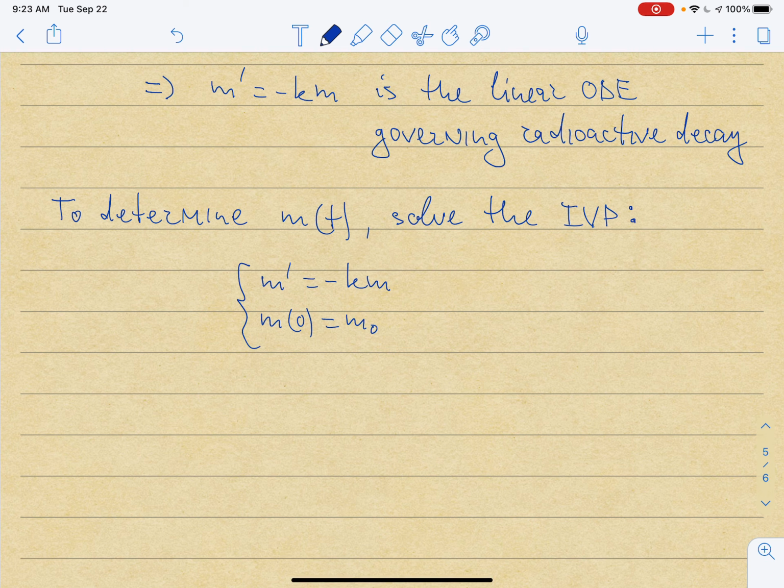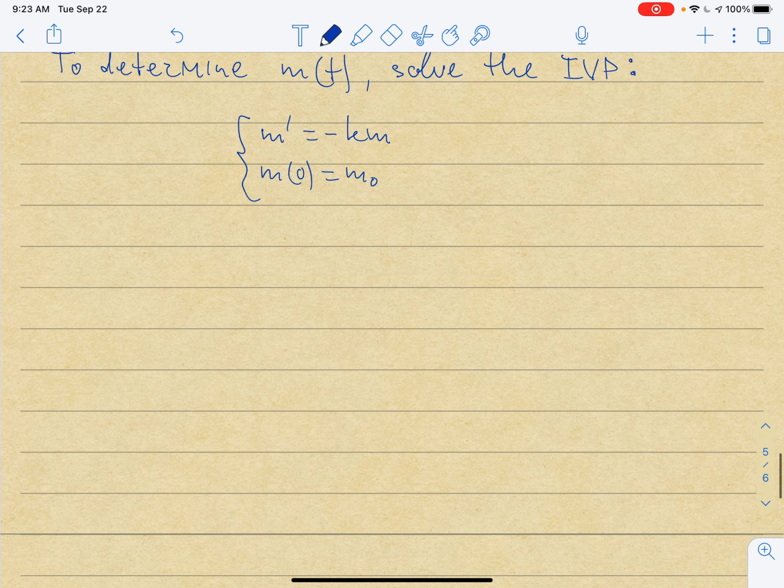So basically exactly the same initial value problem as before for bacteria, except that now the coefficient is minus k instead of k. So let's solve, because it's a linear equation, we should be able to do it.